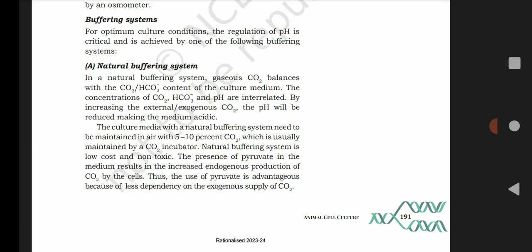Moreover, this natural buffer is low in cost and non-toxic. It doesn't produce any byproducts. The presence of pyruvate in the medium results in increased endogenous production of carbon dioxide by the cells. Thus, pyruvate is advantageous because there is less dependency on an external supply of carbon dioxide.